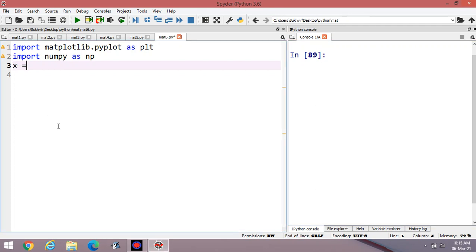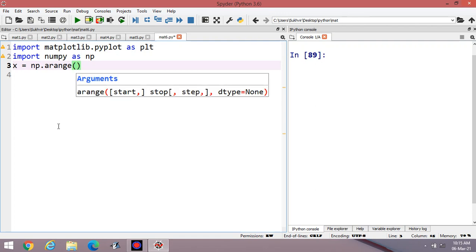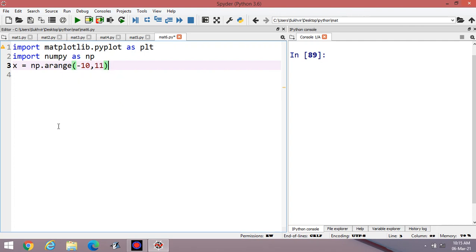Suppose the input values are np.arange, and let the values be from -10 to 10. 11 is not included, that's why I am saying -10 to 10.